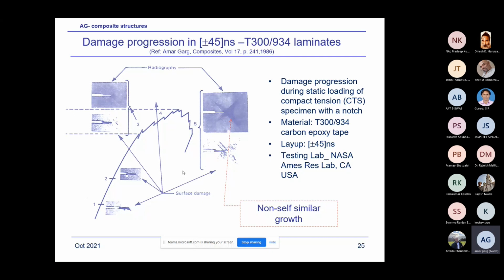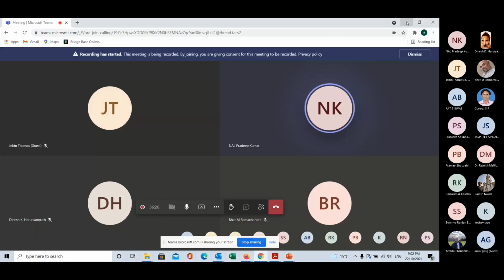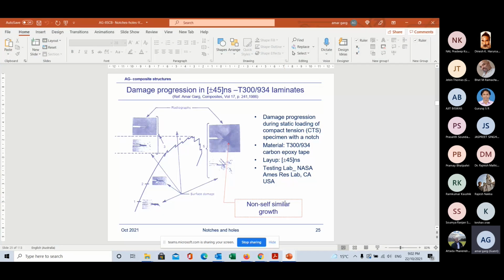That's the criteria currently. I'll show that in my fatigue or durability section. So I'll close the notch presentation unless somebody has more questions, but I'll discuss the delamination later on.